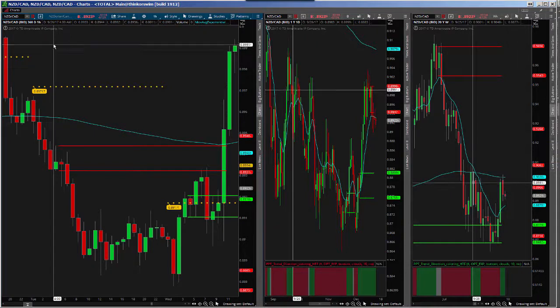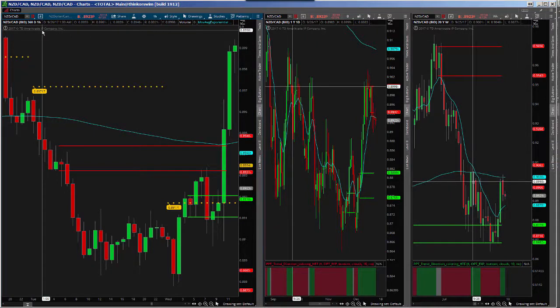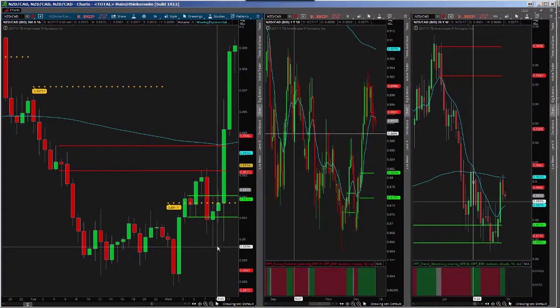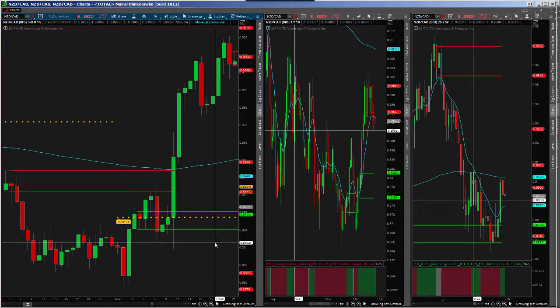I hit the 200 period, but that was way up here. So I'd be in here at 17. Stopped out there at 97, re-enter 97, and then target. So 1 loss, 1 win.